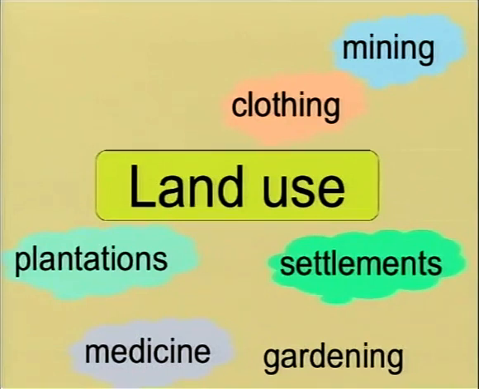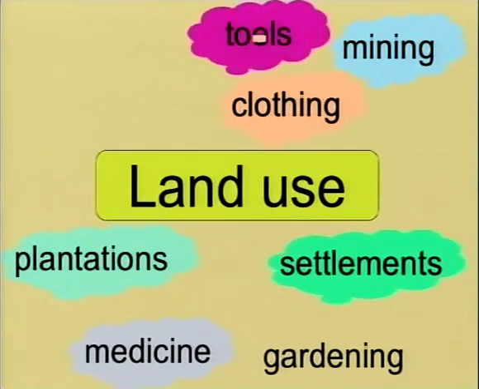Plantations, we have large areas of land that is used for growing cash crops such as cocoa, coffee, copra plantations. Yes, Stephen? Tools.